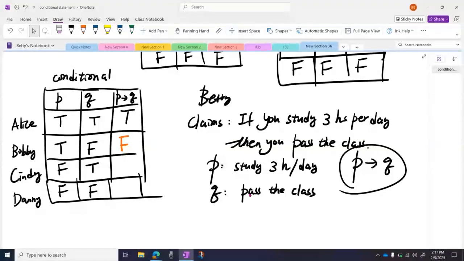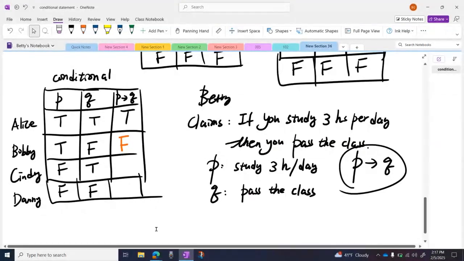I said if the antecedent is met, then the consequence will occur as a result. However, in Cindy's case, the antecedent is not met, right? So whether she passes or not will not make my claim wrong.